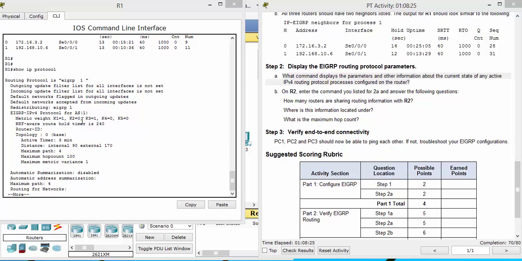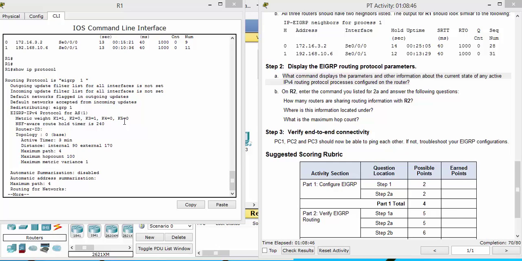The metric calculation method and EIGRP autonomous system must match between EIGRP neighbors to form an adjacency. If they do not match, the routers do not form an adjacency.